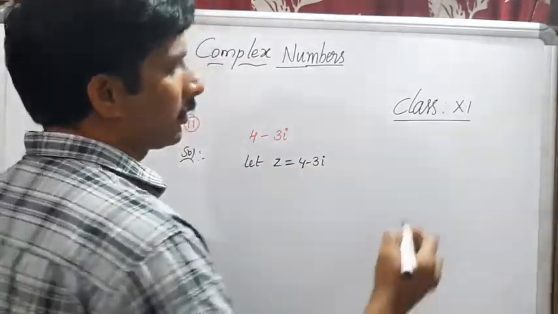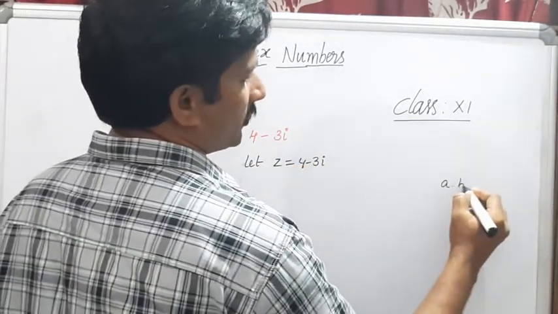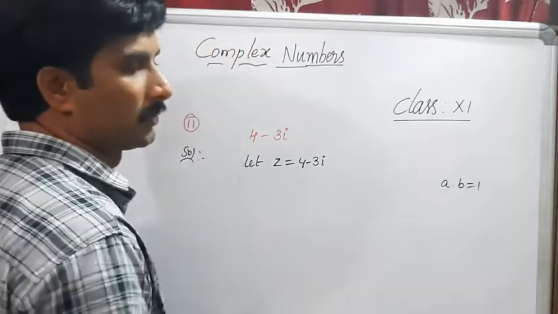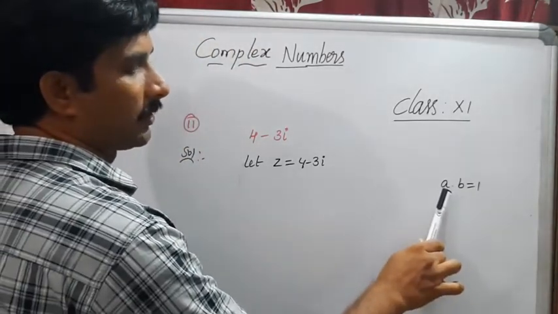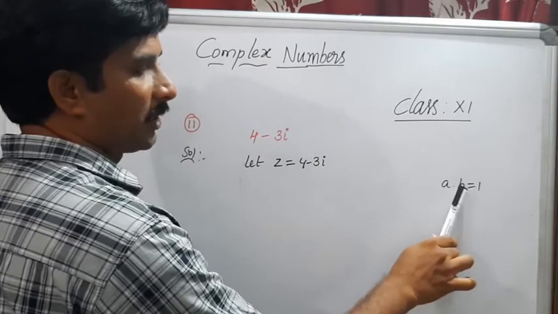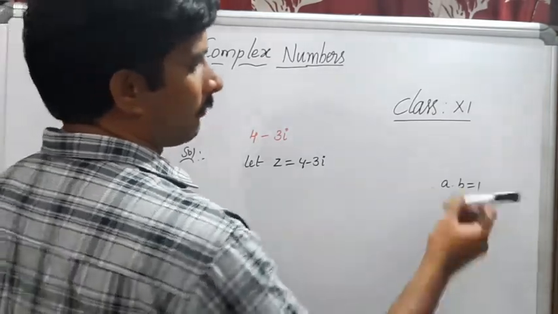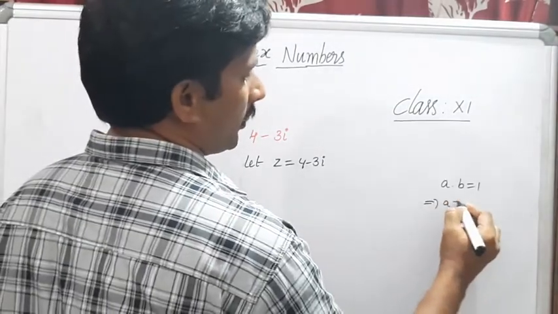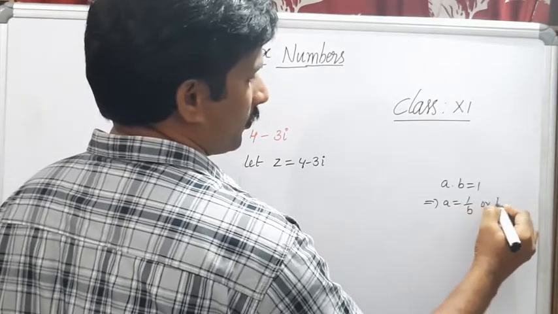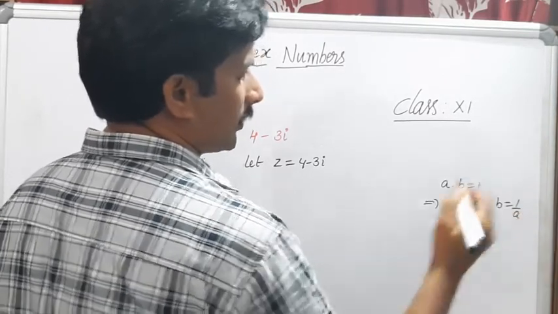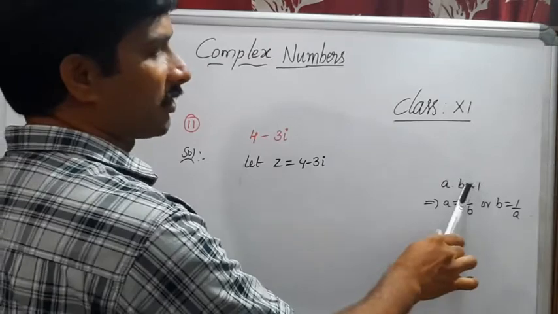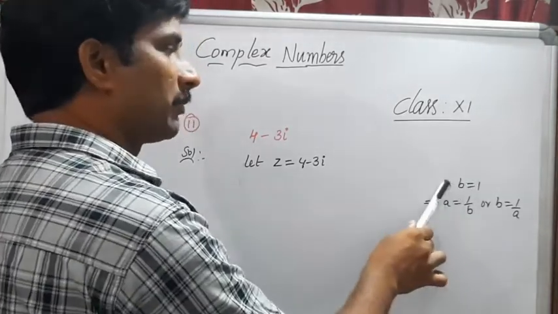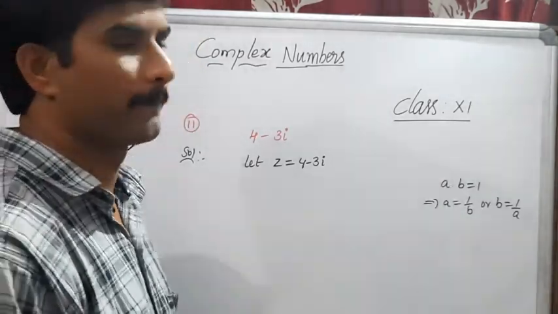Whenever the product of two numbers is equal to 1, then we can say each number is the multiplicative inverse of the other. From this we can write a equal to 1 by b or b equal to 1 by a, which means a is the multiplicative inverse of b or b is the multiplicative inverse of a.